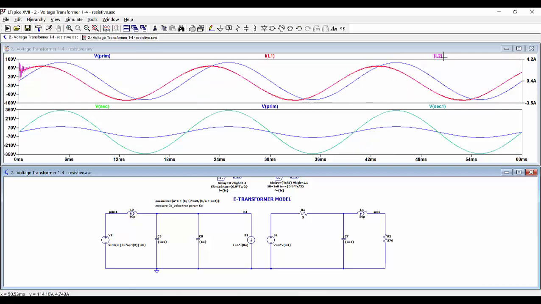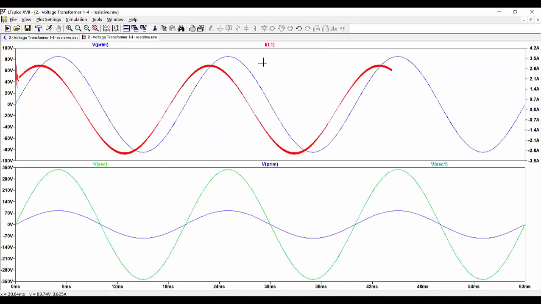Here is the current at the input of the model, and IL1 is the current at the input of the equivalent of the actual converter. Let's see this a little bit better, so we can see how in steady state both waveforms are very similar.